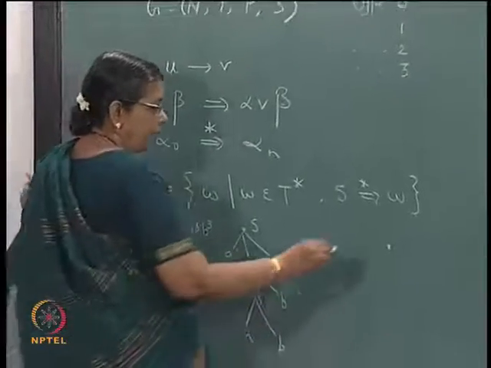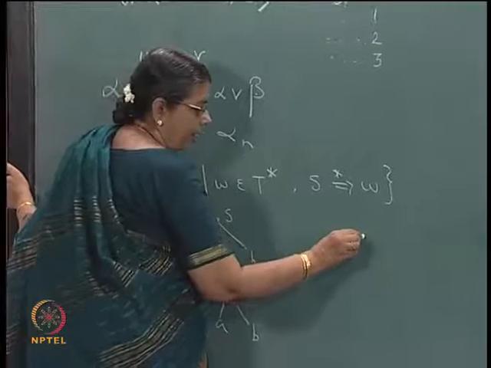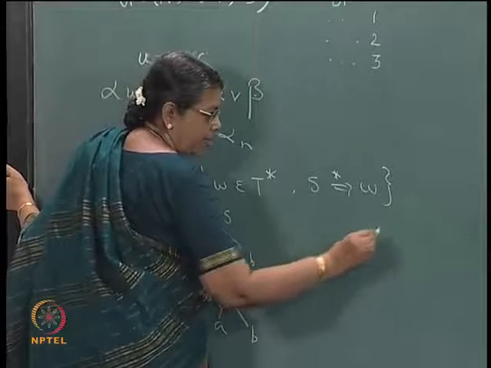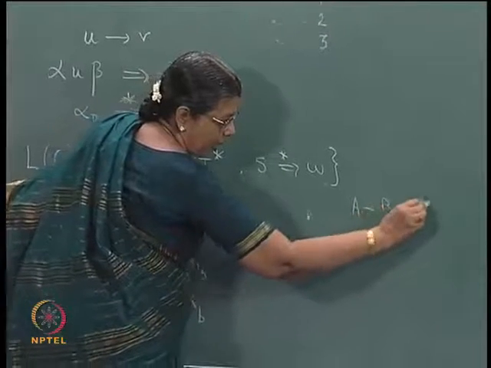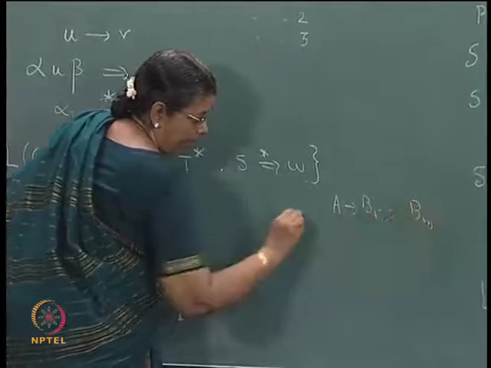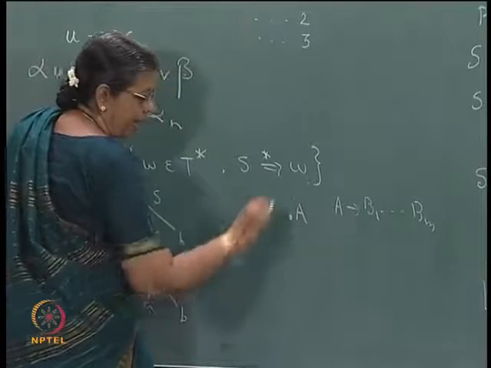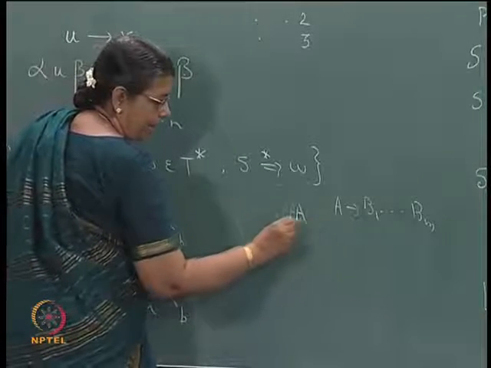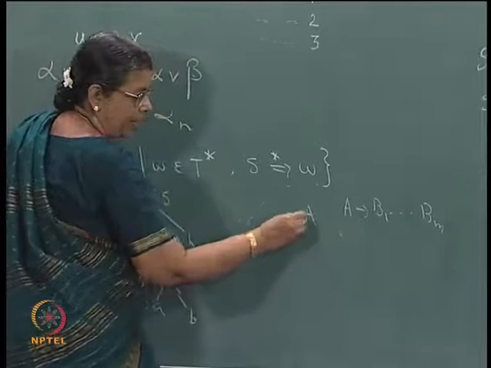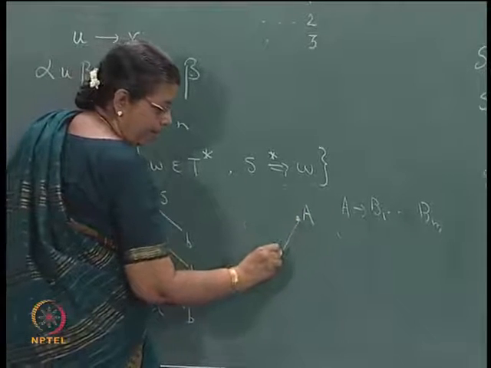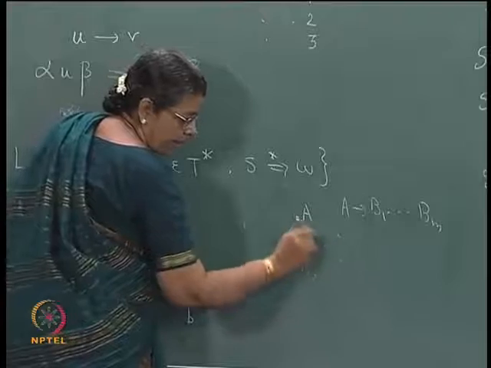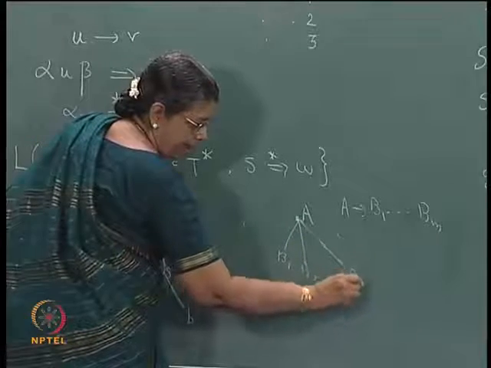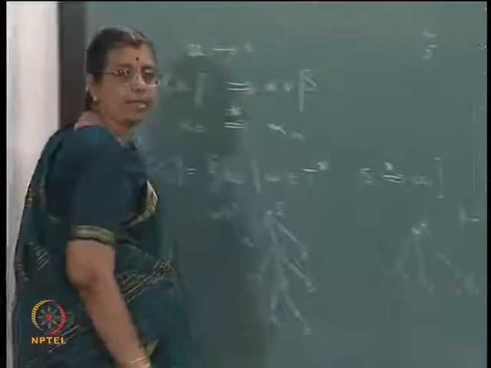In general, when you apply a rule, suppose you have a rule A goes to B1, B2, Bm. Somewhere in the tree there will be an internal node labeled A, and it will have sons B1, B2, Bm. The derivation tree will be represented like this.